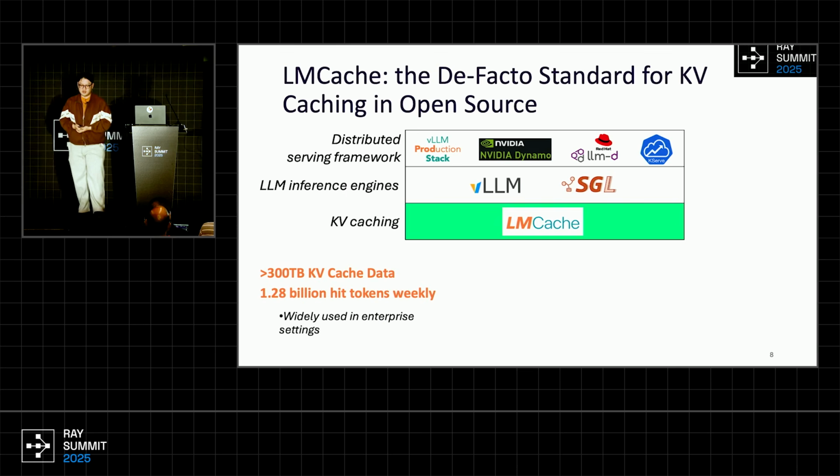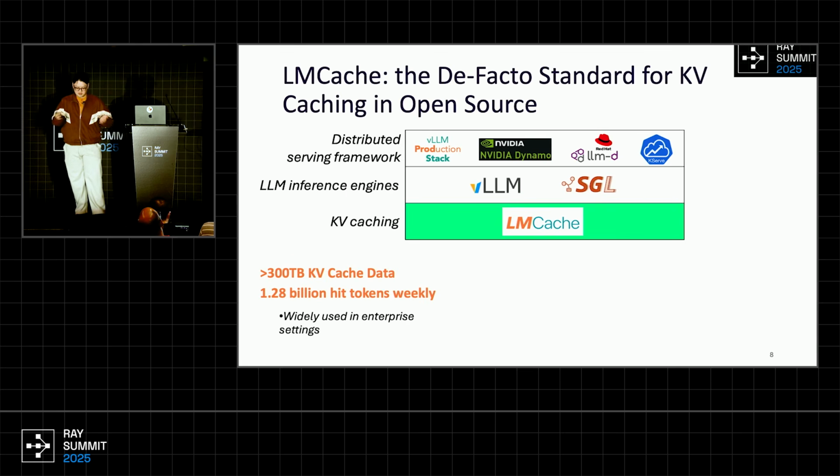Okay, and we are putting some numbers here to support that we do need a separate layer for this. First, thanks to the popularity of LMCache as an open source project, we are receiving over 300 terabytes of KV cache data and 1.28 billion hit tokens per week.